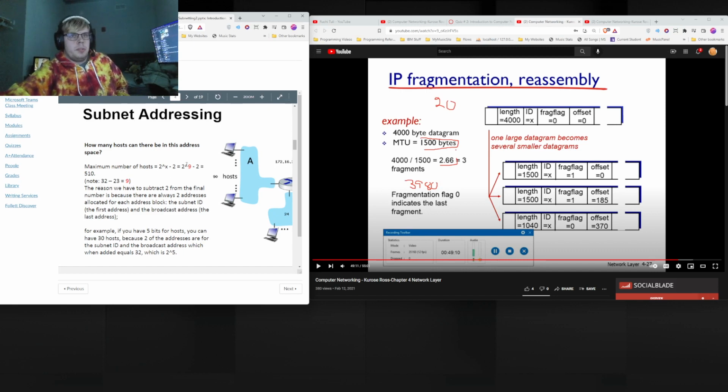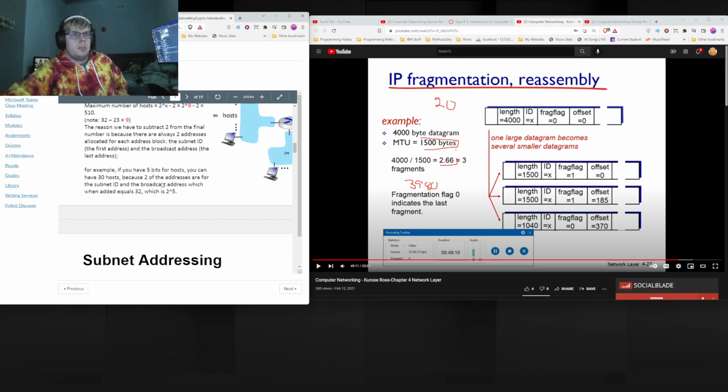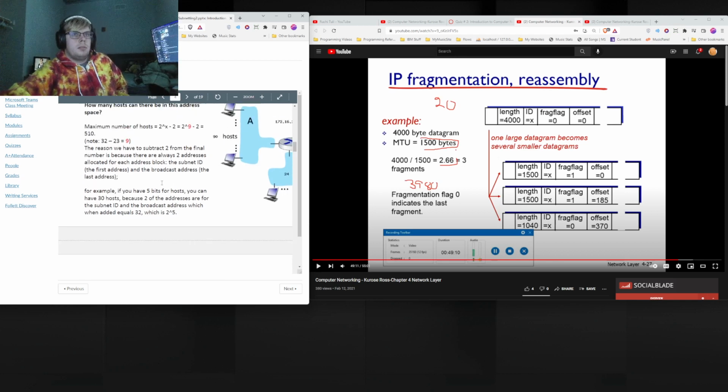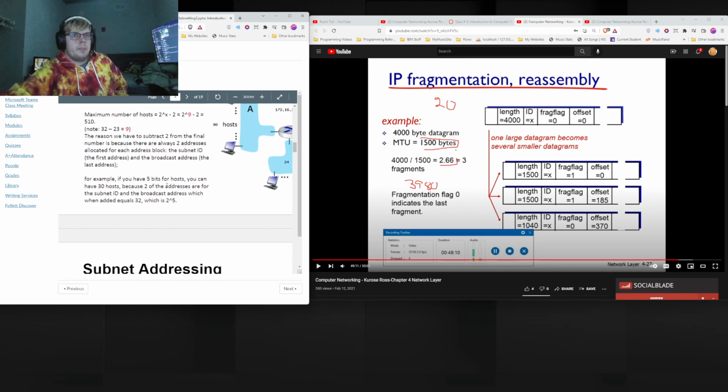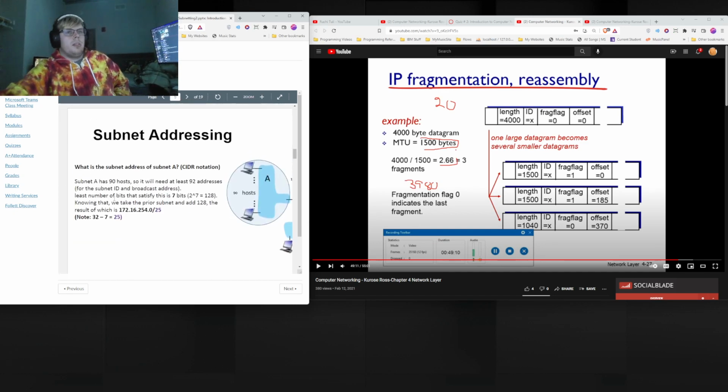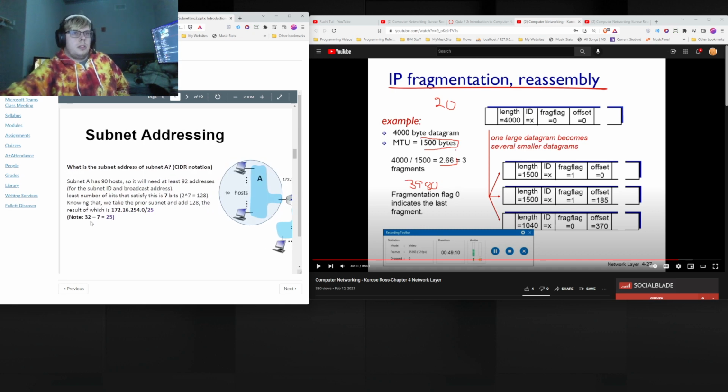Our maximum is 2 to the 9 minus 2, where 2 to the 9 is 512, minus 2, which is 510. This one, what's this one called? Subnetting address. So yeah, 32 minus 25 is just 7.